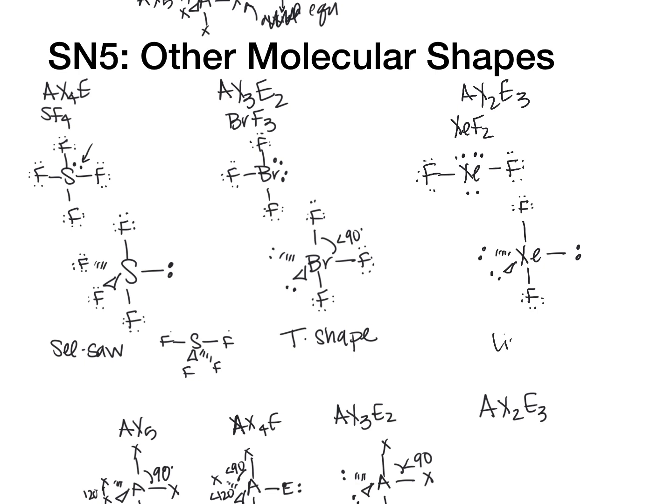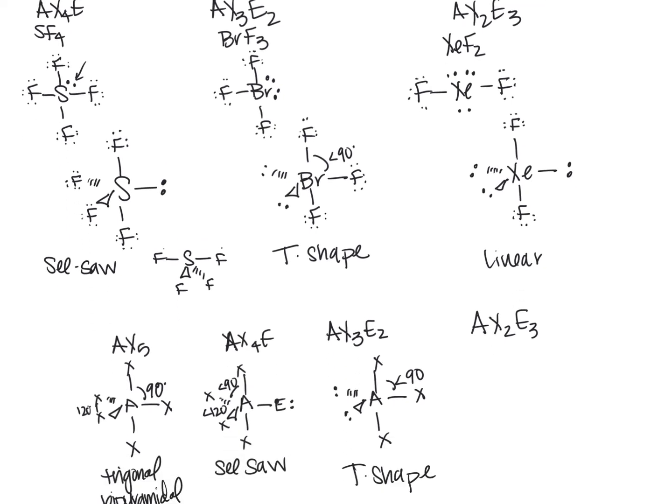And this is linear. And you can see that because if you can't see any of the lone pairs, this XeF2 structure is identical to a steric number of 2 structure. So they all have the same name with the same shape.